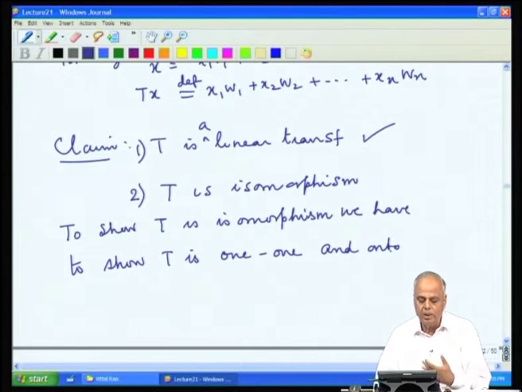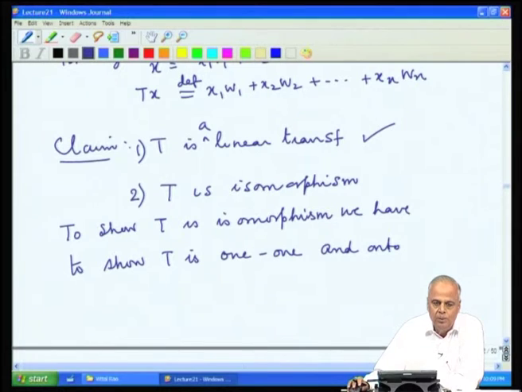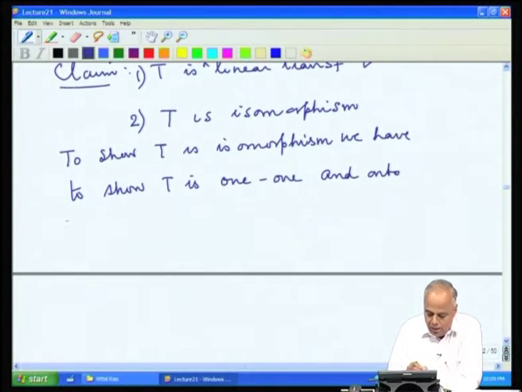And we have observed earlier that when dimension of V is equal to dimension of W, if you check onto, it automatically forces 1-1. If it is 1-1, it automatically forces onto, and therefore, it is enough to check one of them.